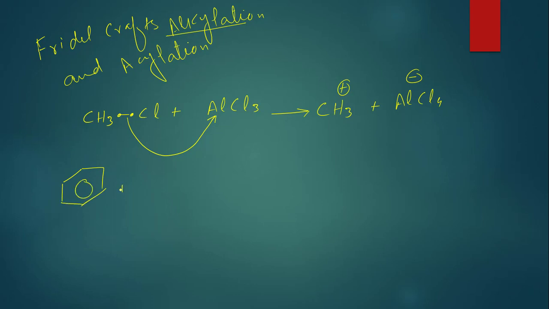As usual, we have our strong electrophile, so this will react with this, and in the first step we will get our arenium ion. This thing is known as the arenium ion.